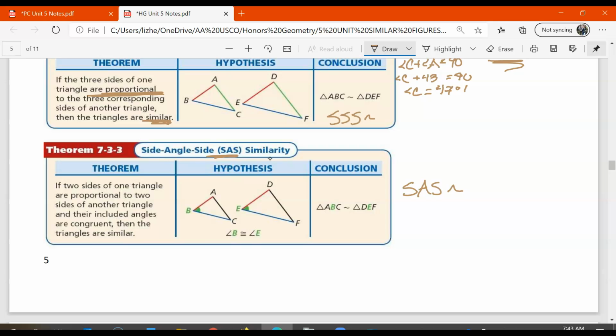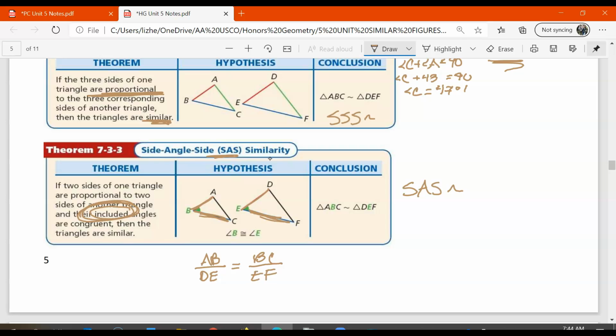If two sides of one triangle are proportional to two sides of another triangle and their included angles are congruent, then the triangles are similar. So if you are going to say AB, so here's AB, that side, and DE, AB to DE, that proportion is equal to this proportion, BC to EF.